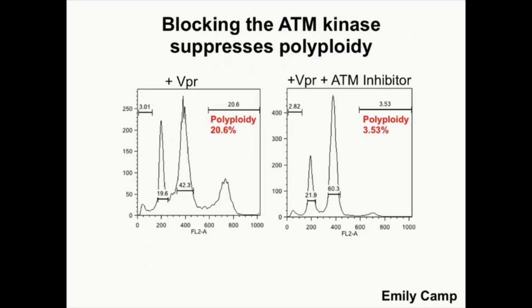However, Emily's found that you can counteract VPR-induced polyploidy by blocking the ATM kinase, which, if you remember, is one of those upstream kinases in the DNA damage cascade. When she adds a potent ATM inhibitor, the frequency of polyploidy is decreased significantly.